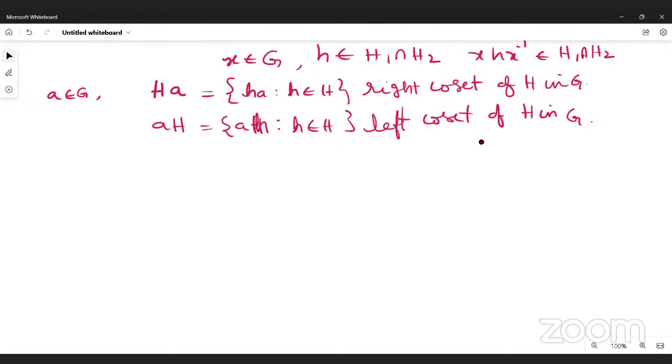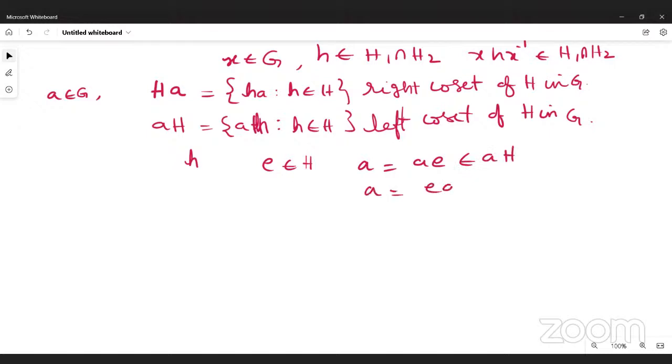Here, generally, clearly from the definition, e is the identity element which is common to both the group and the subgroup. You can write a as ae, which belongs to aH.